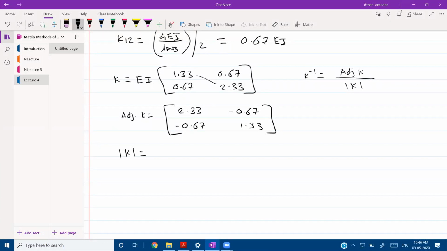The determinant of K will be 1 upon EI into 1.33 into 2.33 minus 0.67 into 0.67 in the original matrix K. So this will be the determinant of K, and this value will not be 1 upon EI, this will be just EI.